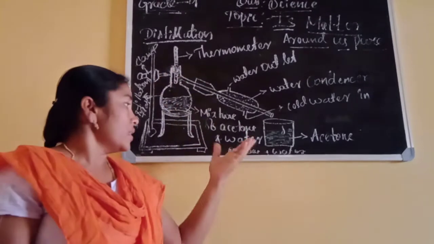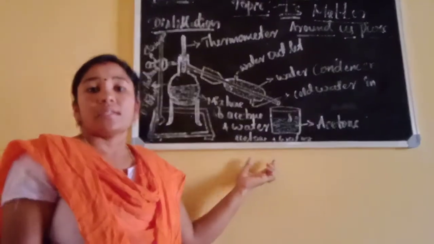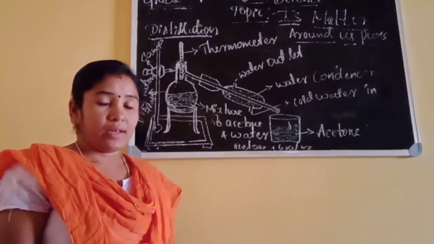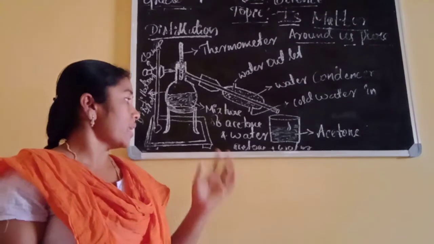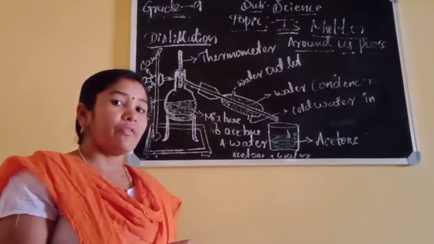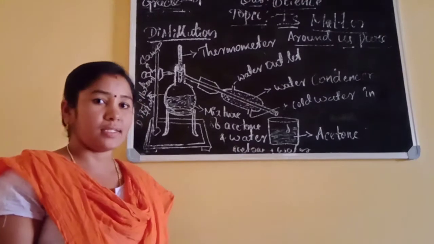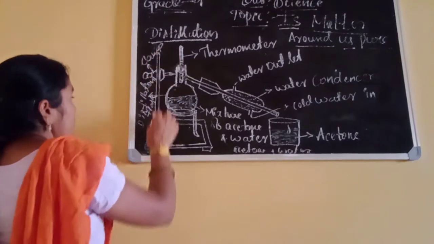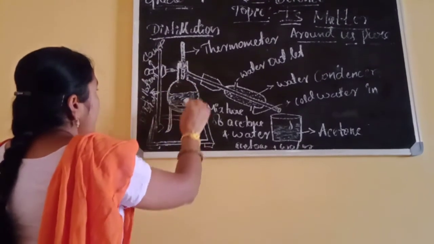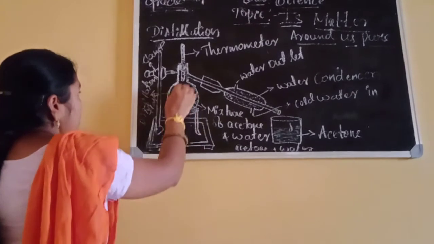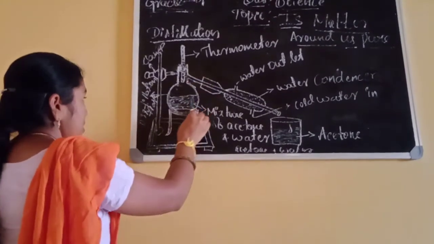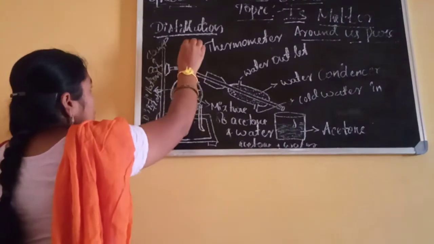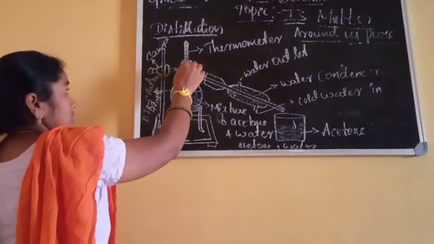Understand? To separate these two liquids, their boiling points should differ by 25 Kelvin. Now let's see how to separate the acetone from its mixture of water and acetone. Dear students, observe here. This is the fractional distillation flask, and above that one thermometer has to be fitted.